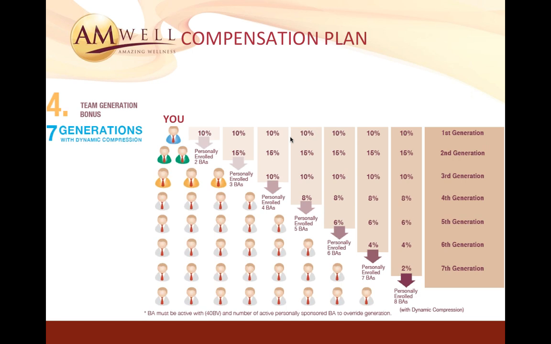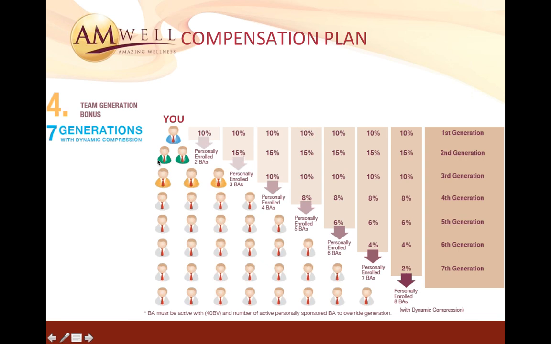If you want to go down to your second level, which is 15%, your second generation TGB, you have to personally sponsor 3 BAs who are active, and then you can possibly go down 3 generations. If you want to go down to the third generation, you have to personally sponsor 4 members. So you'll see right here, for each level, there's a different qualification. Level 1 is 2 personally sponsored BAs who are active.